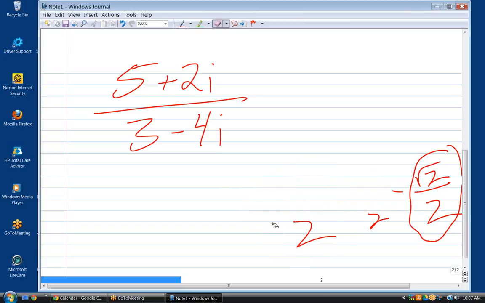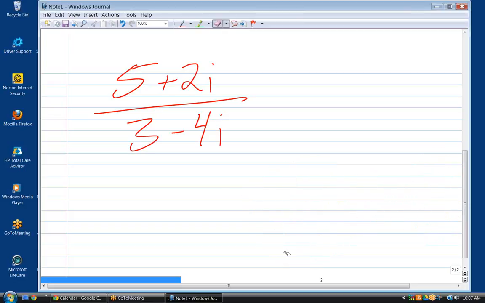With imaginary numbers, it's exactly the same thing. You're not allowed to have imaginary numbers in the denominator for a final answer. So what I'm going to do is a process that I call realifying the denominator. I'm going to turn the denominator into a real number, and what I have to multiply by to do that is the conjugate.